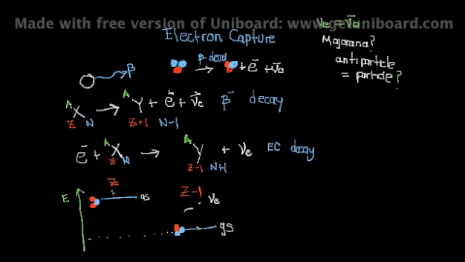What I sketched before is just when we start from one ground state to another ground state of a different nucleus and emit a neutrino, and this is exactly the electron capture decay. This sketch corresponds to the equation that we have here.